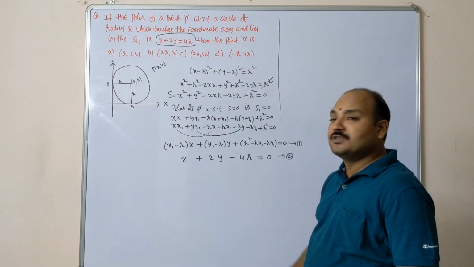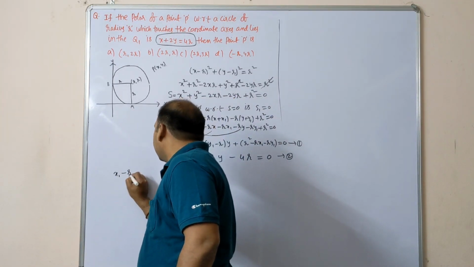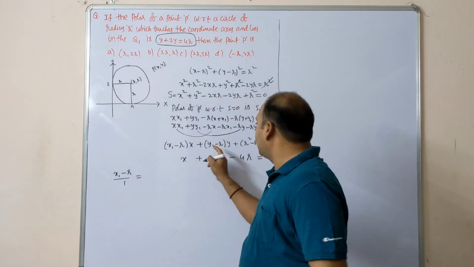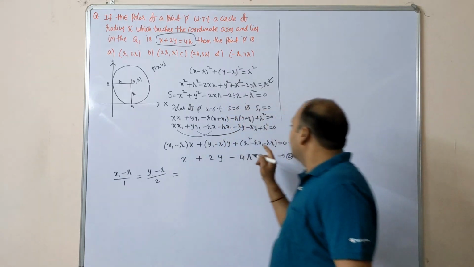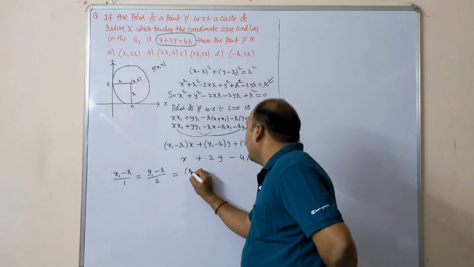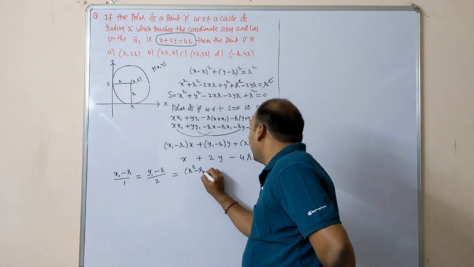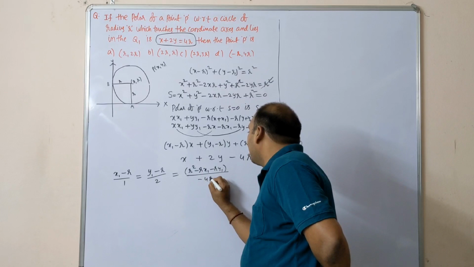1 and 2 representing the same, so their x coefficients are proportional: x1 minus r by 1, y coefficients are proportional: y1 minus r by 2. Here constants are also proportional: r squared minus rx1 minus ry1 by minus 4r.